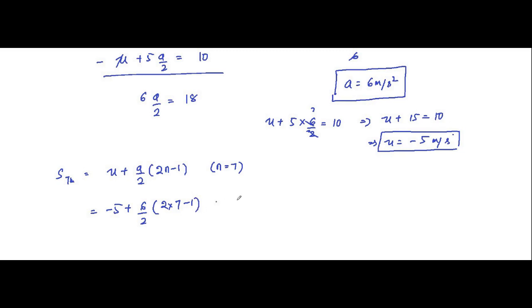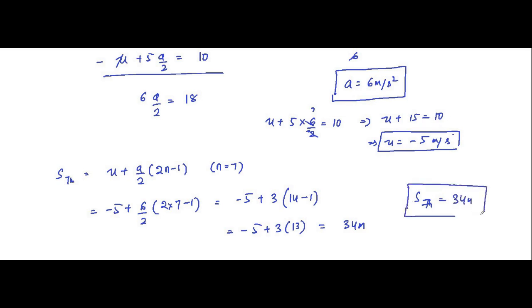That is equal to minus 5 plus 3 into 14 minus 1. Minus 5 plus 3 into 13, 39 minus 5, which is equal to 34 meters. So in the 7th second, the object will travel 34 meters.